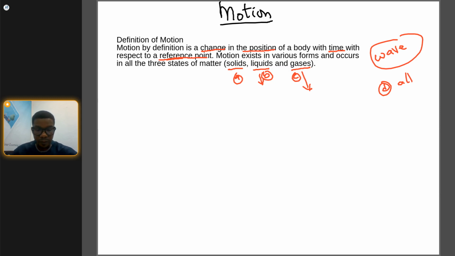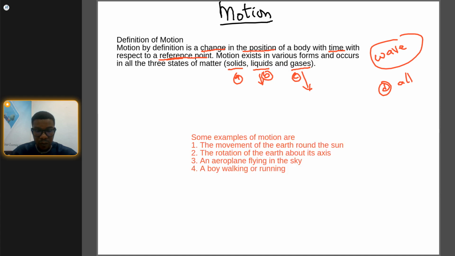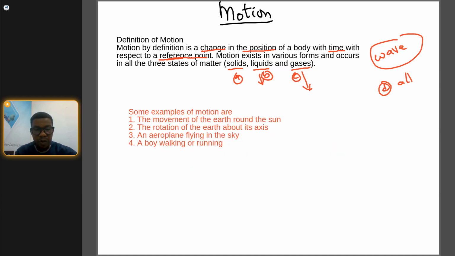Now I want to consider the types of motion. And we are going to use the examples I stated above to be able to list out the types of motion we have.